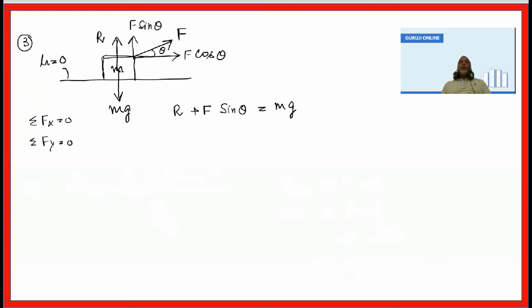and horizontally, naturally, this is moving with acceleration a. That means F cos theta will be nothing but m into a. Correct?